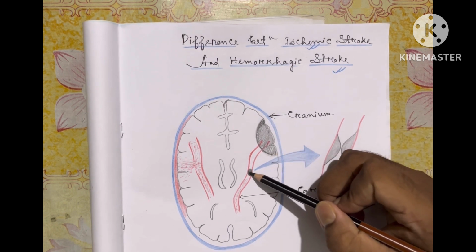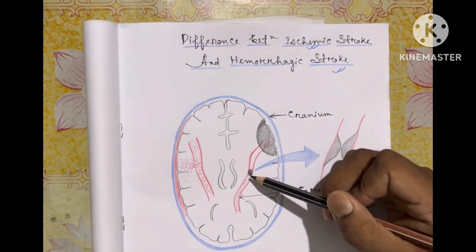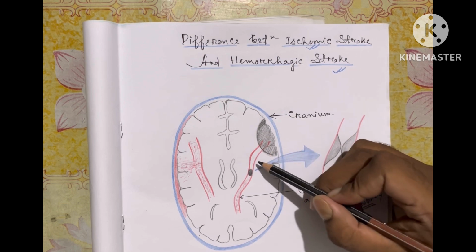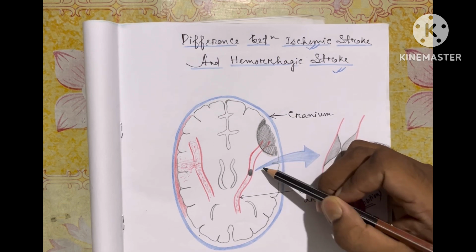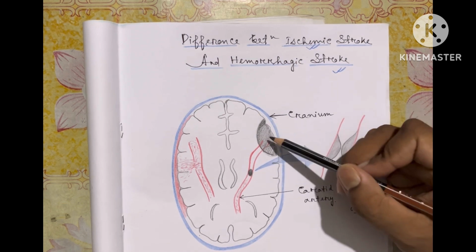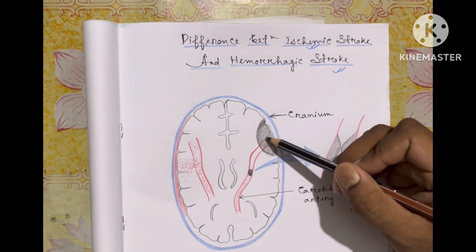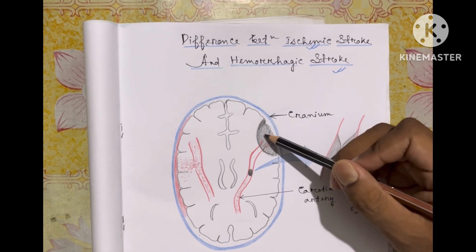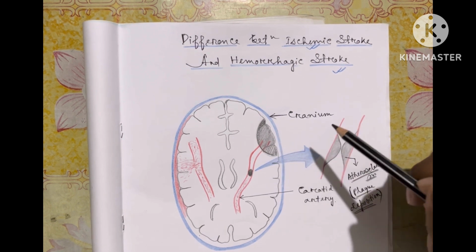But if for a prolonged period of time this plaque deposition persists in this particular area, then after a certain period of time, what will happen? This region will become infarcted and it will permanently die. So what is ischemic stroke?